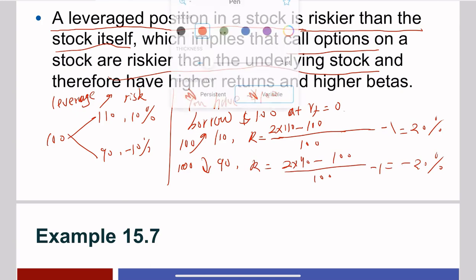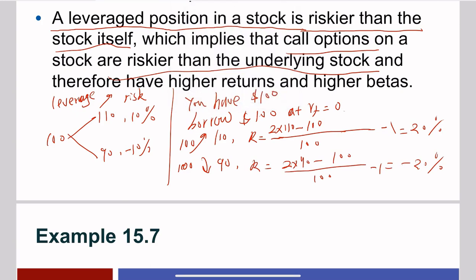So what you can see here is that when the return was 10%, leverage doubles your return. And when the return is minus 10%, leverage again doubles your loss. You get double return and double loss because you have 100% leverage: you have only $100 and you borrow an additional $100.